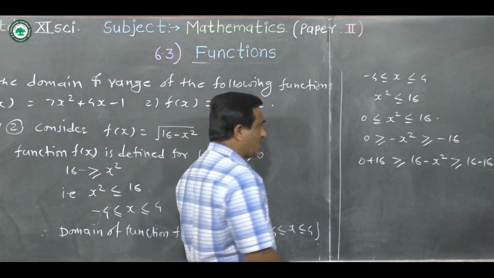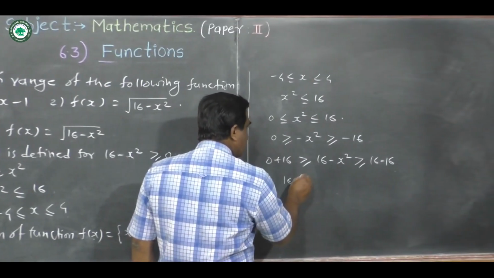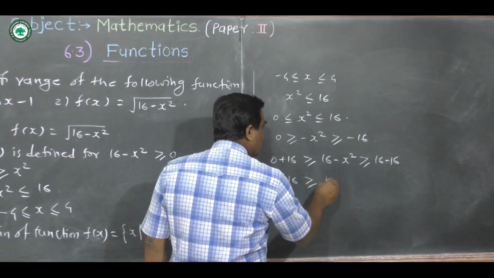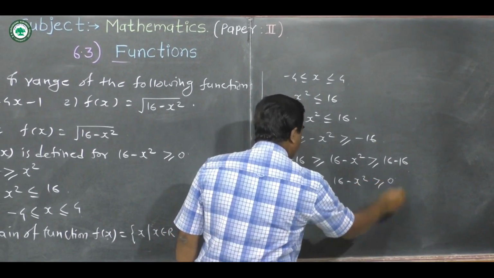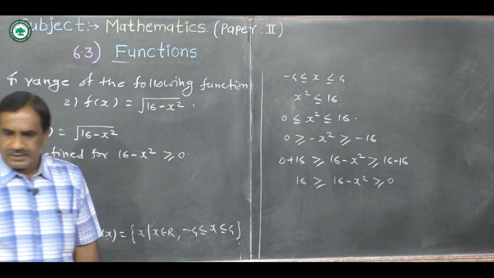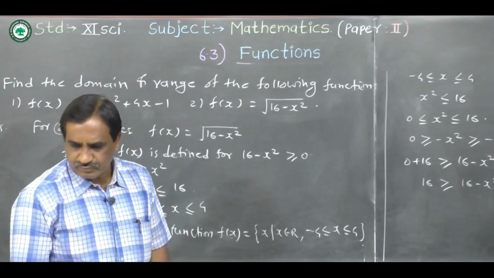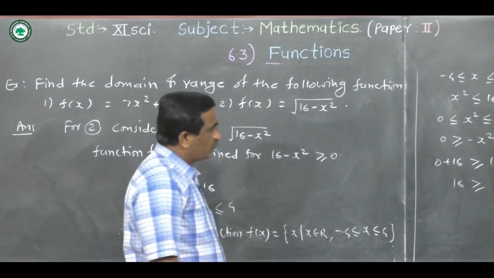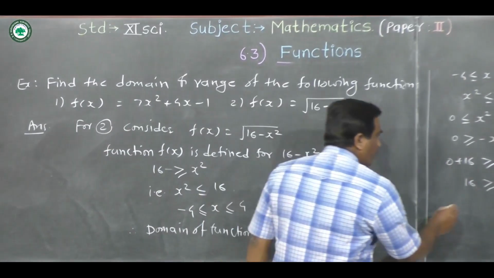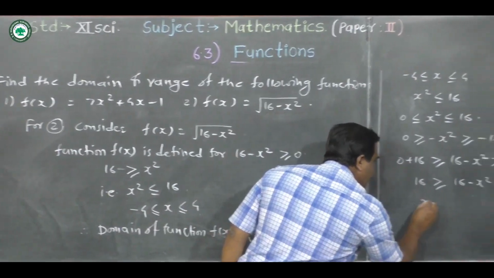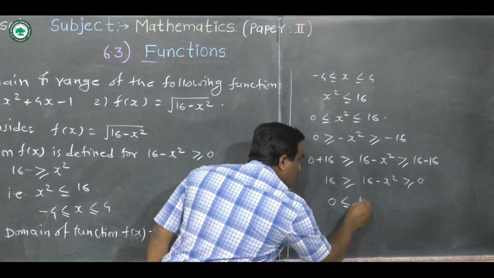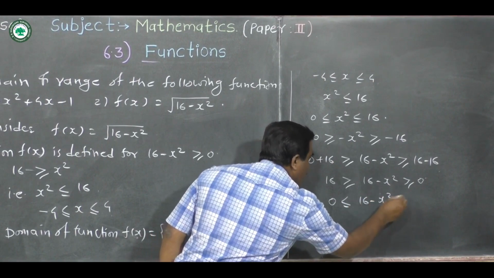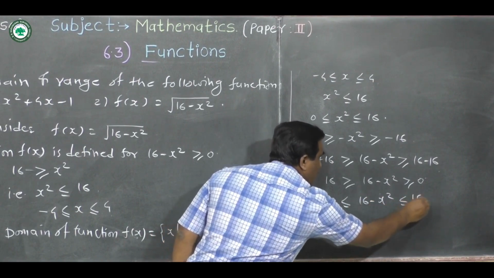That is, we get 16 greater than or equal to 16 minus x square greater than or equal to 0. First we write this inequality like this: 0 less than or equal to 16 minus x square less than or equal to 16.